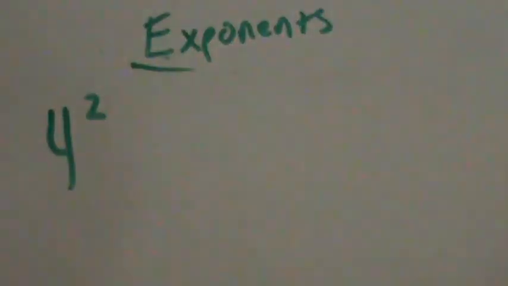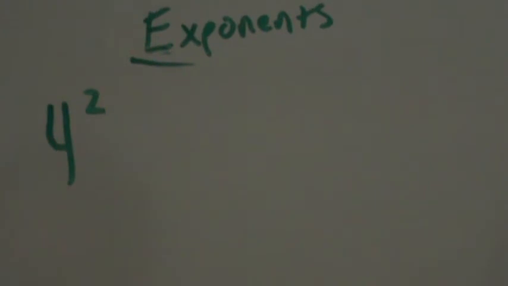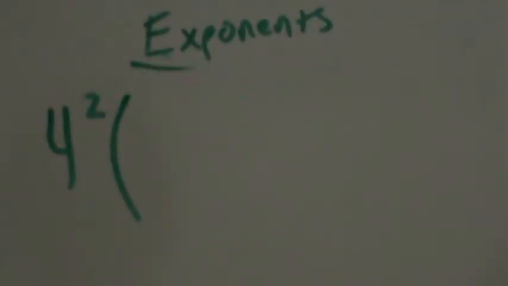So let's say you had 4 to the second times 4 to the second. Oh crap, I just thought about that. I wrote that last one wrong. Let me go back and do that again. I was totally not thinking through that.